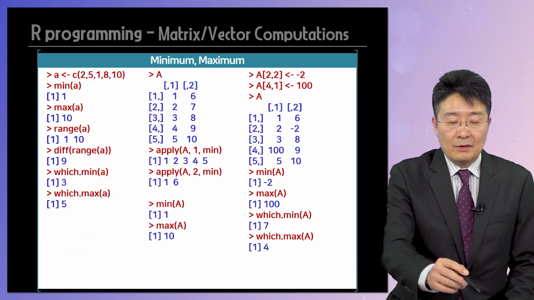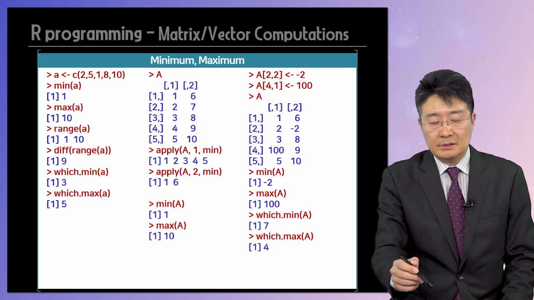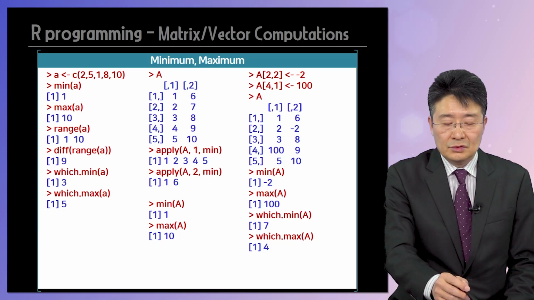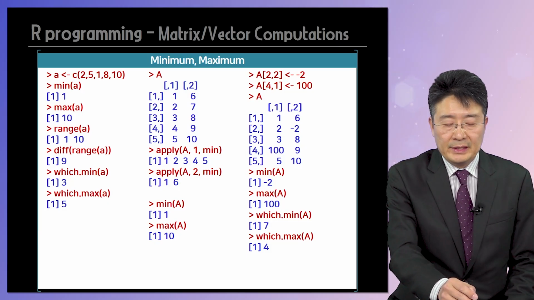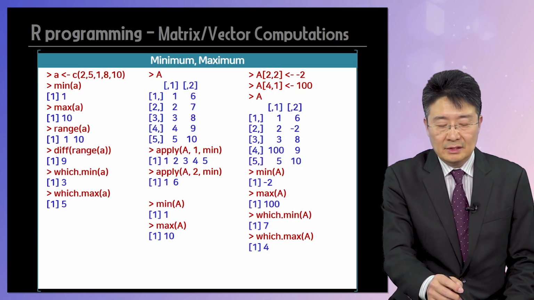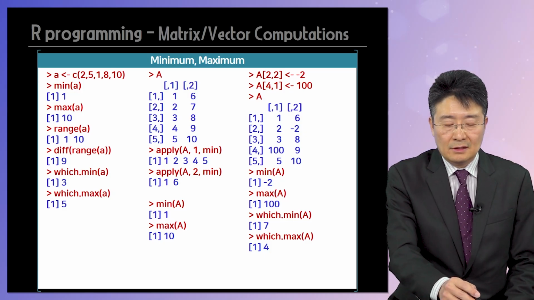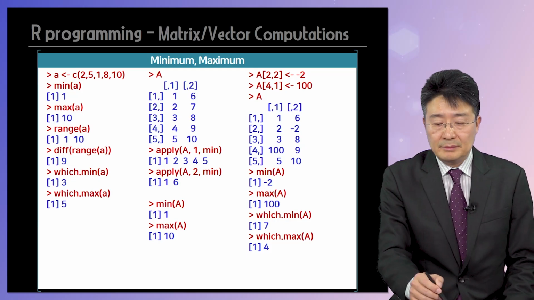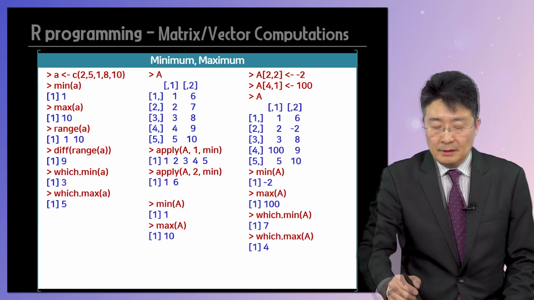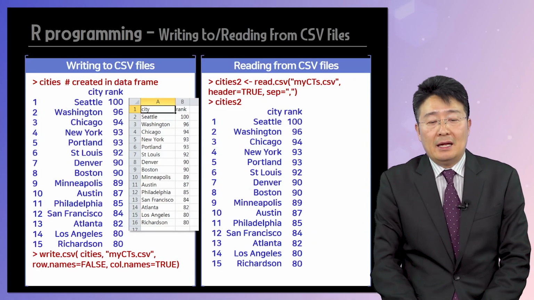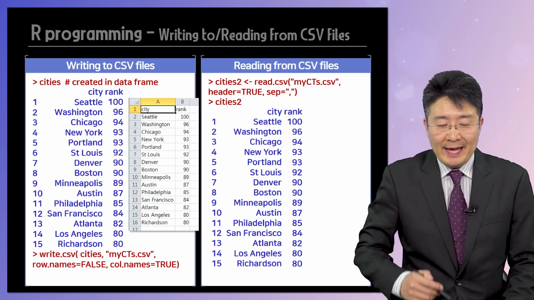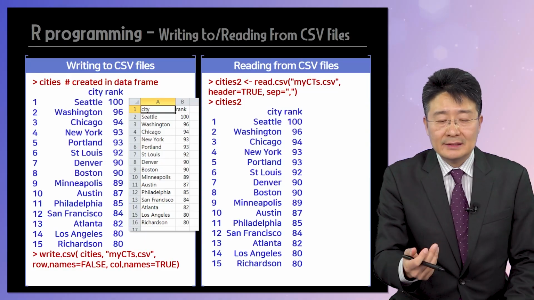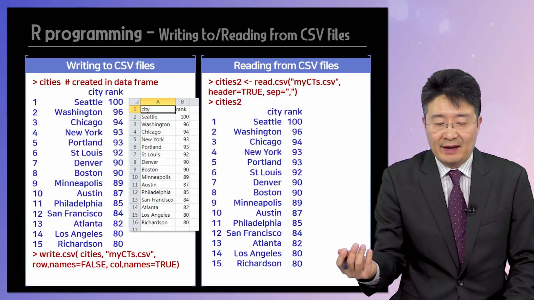You can also calculate the minimums and maximums and the range, also the difference of the range, and you can get the positions of the minimum and the maximum. In using R, you should be able to write any objects or data sets to CSV files.